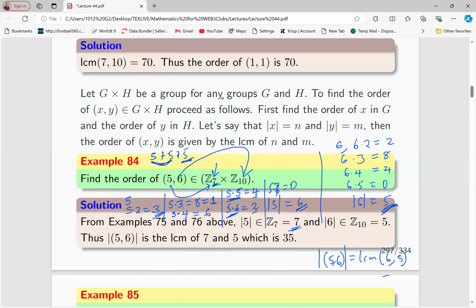So this was supposed to be 7. Because 6 times we had gotten 2, what followed was 7 times, which gives us 7 as the order. So the order of 5 therefore is 7, and the order of 6 is 5. And so the LCM of 7 and 5 is 35.